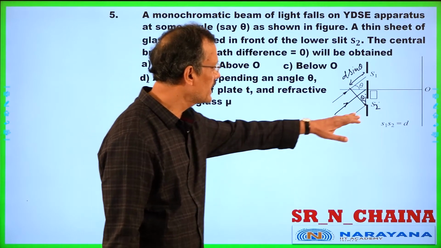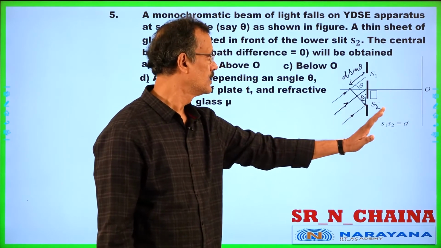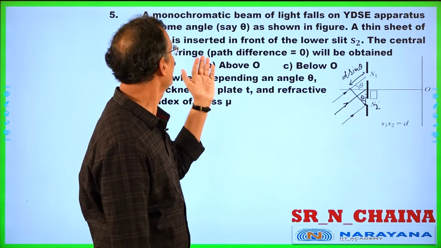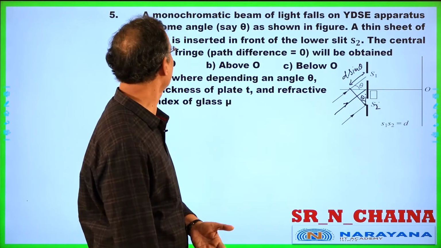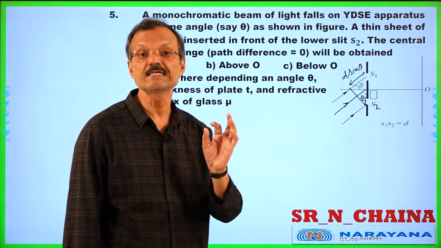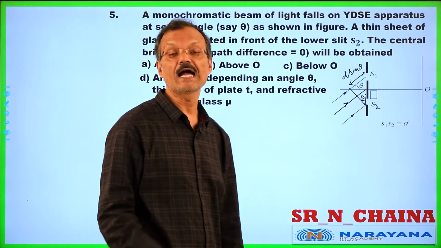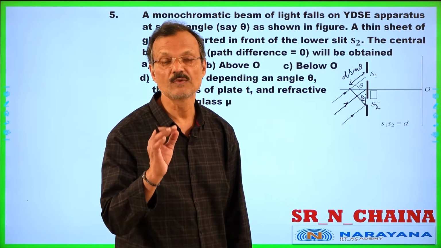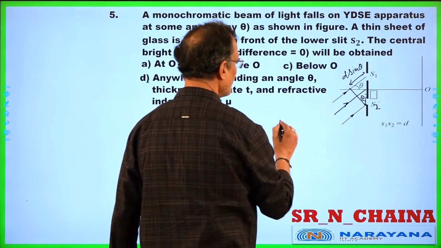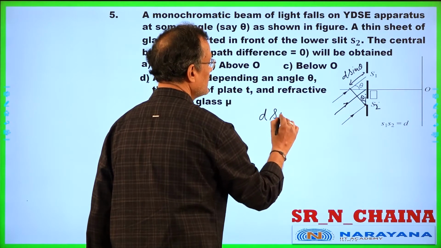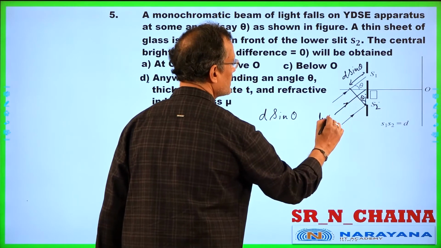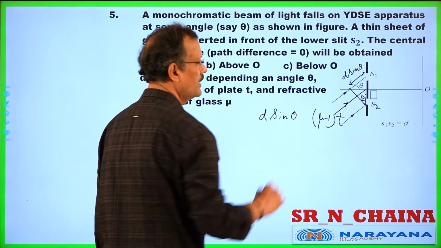But the wave on this side, emanated from S2, passes through the transparent film, the glass they have kept. When it passes through thickness t, it is traveling an additional path of mu minus 1 into t. Means both have additional path. This upper one has additional path d sine theta, and this one has additional path mu minus 1 into t.